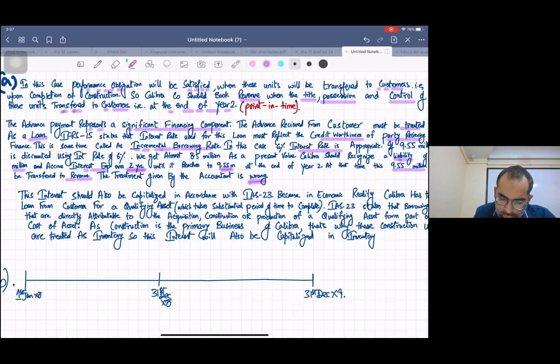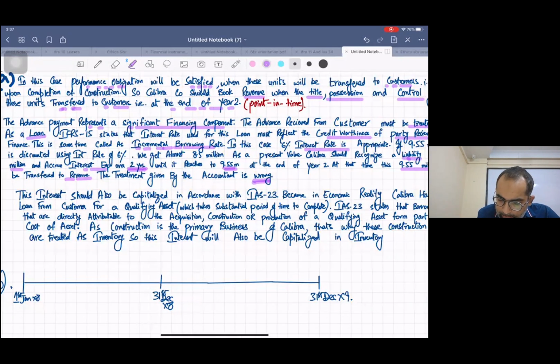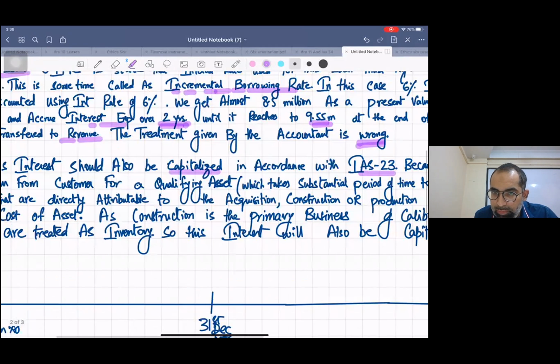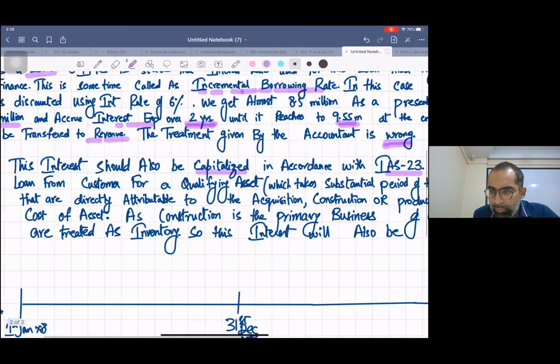The interest should also be capitalized in accordance with IS 23, because in economic reality, the company has taken a loan from the customer for a qualifying asset which takes a substantial period of time to complete. Now see, this is the wording of IS 23.